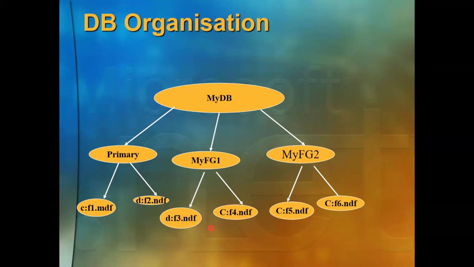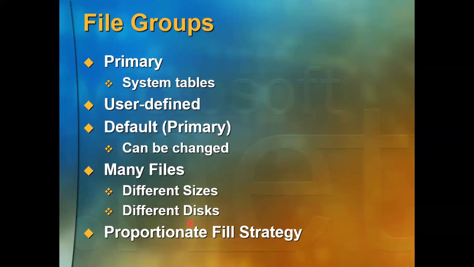This is 2 GB, this is 4 GB. This is how they separate the data into different files. So the file group, the folder, will contain different data files, and the data is distributed in the same ratio as the size of the files. Therefore, it is called the proportional fill strategy.